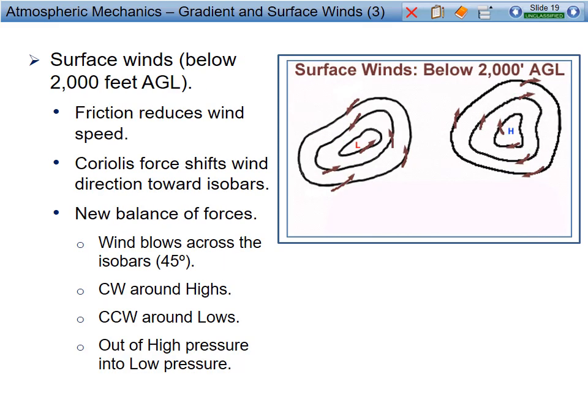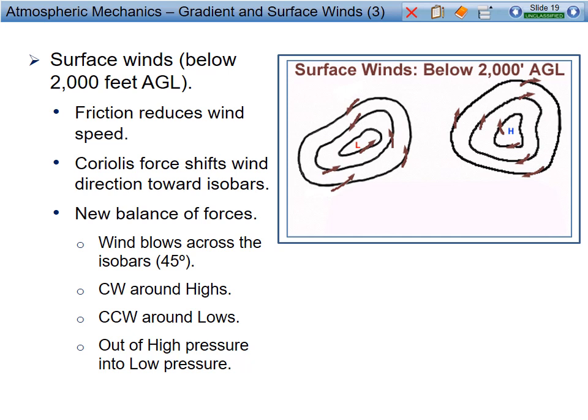Below 2,000 feet AGL, the force of friction both reduces the wind speed at the surface and below 2,000 feet AGL, and it also drags on those winds, causing them to blow 45 degrees across the isobars when we're talking about surface winds.